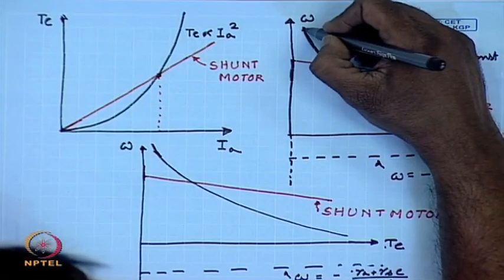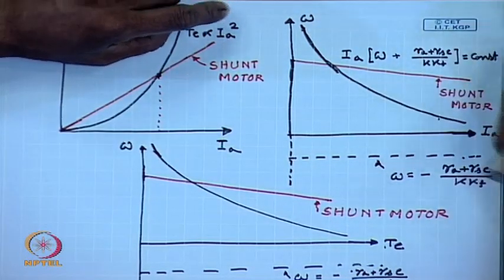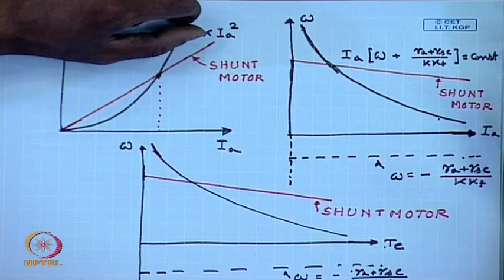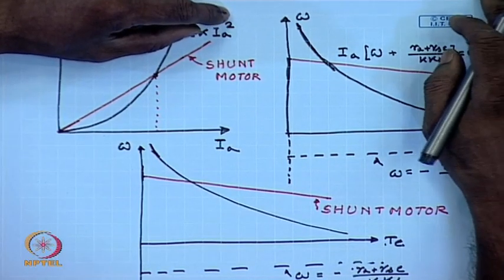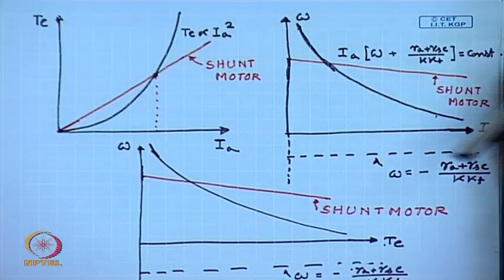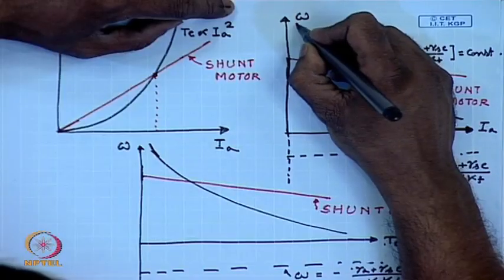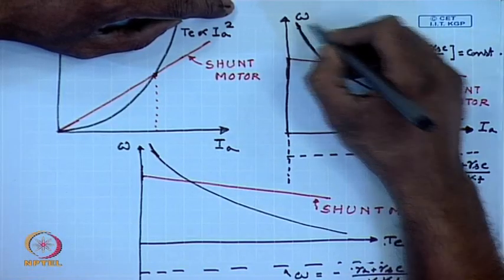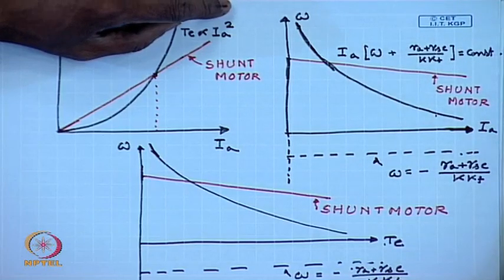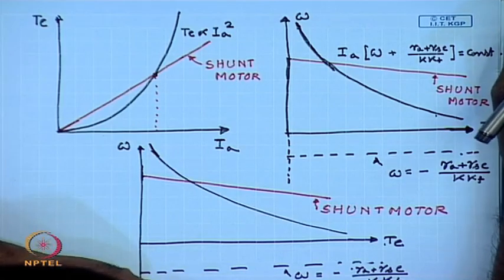That means, as the load on the motor is reduced, the speed tends to increase dangerously, and there is as such no finite no load speed of this series motor. Therefore, a series motor should never be run on no load, then the speed can rise to very high value, which can be dangerous.